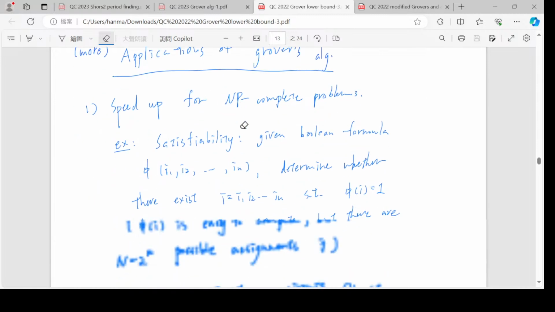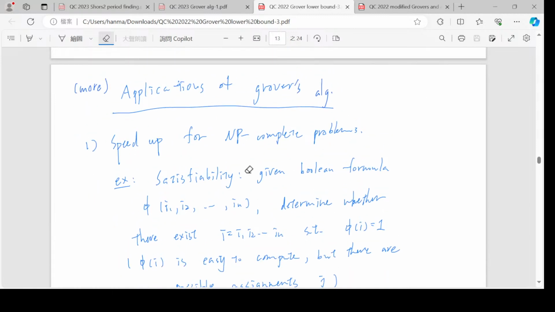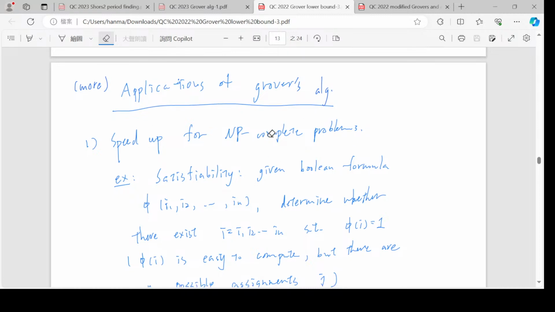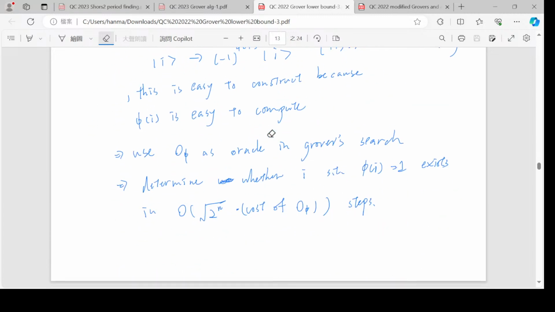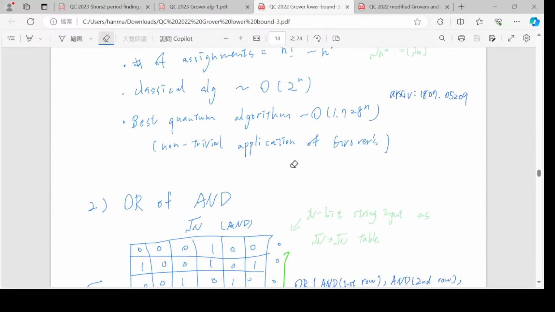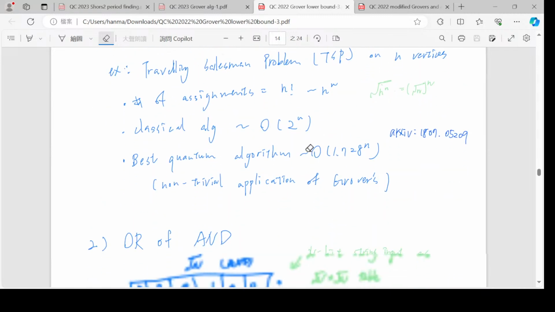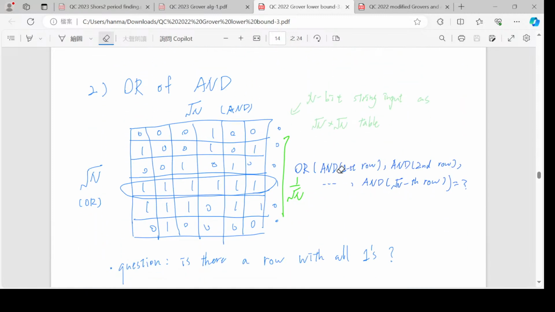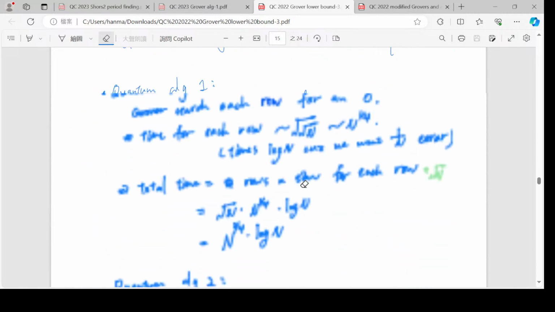So here we have an application where you can speed up a problem a little bit, but there are some tricky points because sometimes the square root speedup is slower than a classical algorithm using dynamic programming. But what I want to talk about is kind of this.